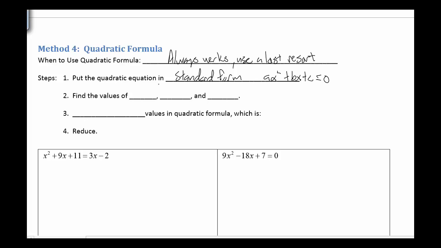Then we want to find the values of a, b, and c, and we want to substitute that into the formula, which happens to be this lovely thing. X equals negative b plus or minus the square root of b squared minus 4ac all over 2a.